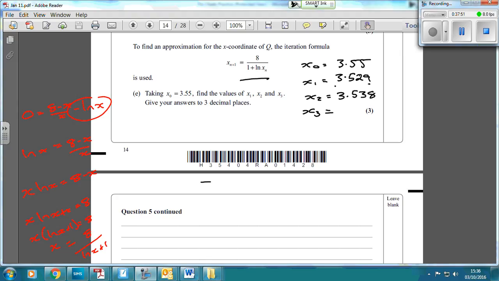Then we do log of that plus 1, 8 divided by that. Bear with me. And that's going to be 3.534. And that should be that question done.